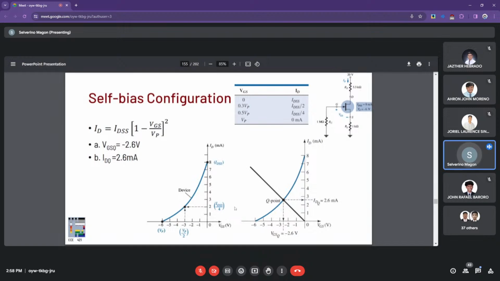And further exploring the drain current characteristics, we have the following from the Shockley's equation. So the Shockley's equation presents a curve where we can plot the Q point based from the load line analysis.